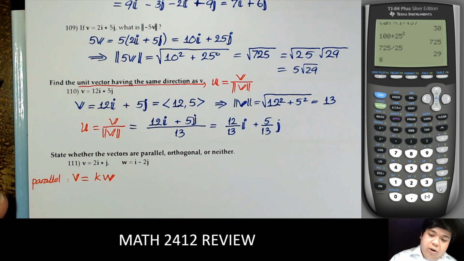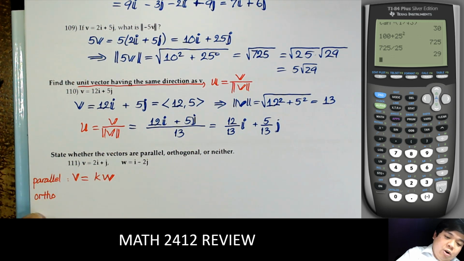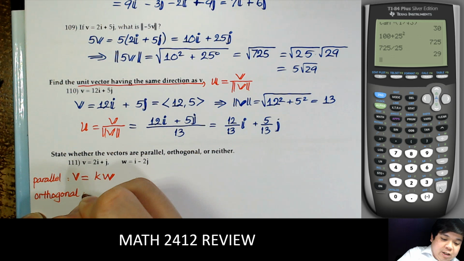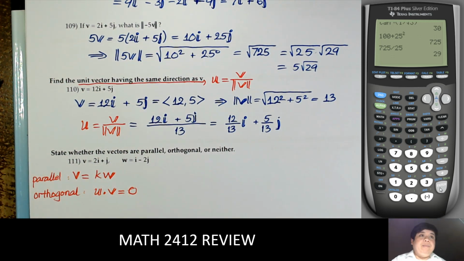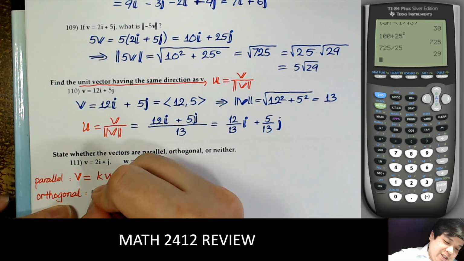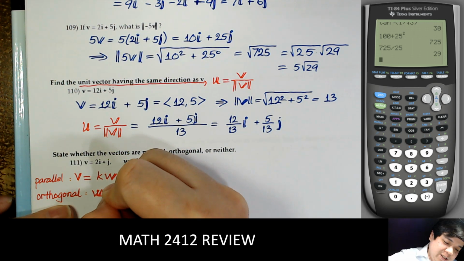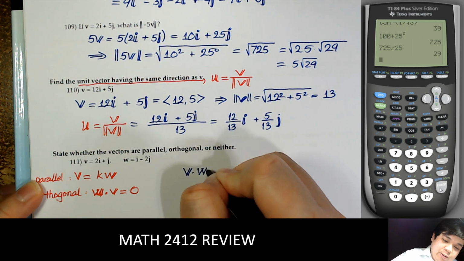Right. Orthogonal is kind of like perpendicular in geometry, but for vectors we define it as u dot v equal to 0. So we do the dot product of these two vectors, v dot w.